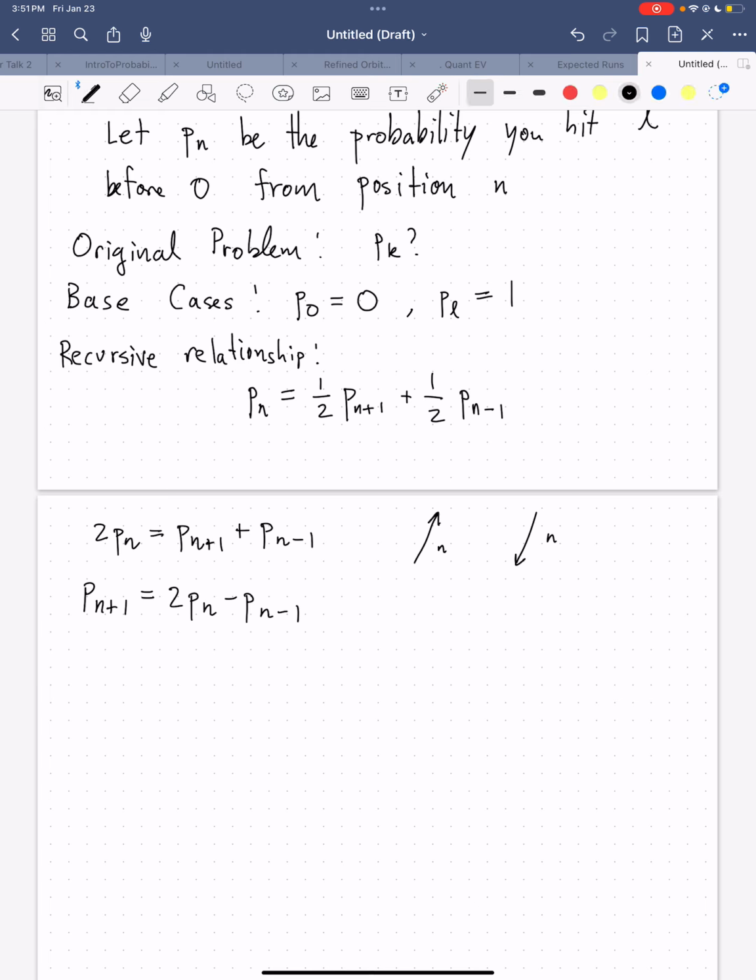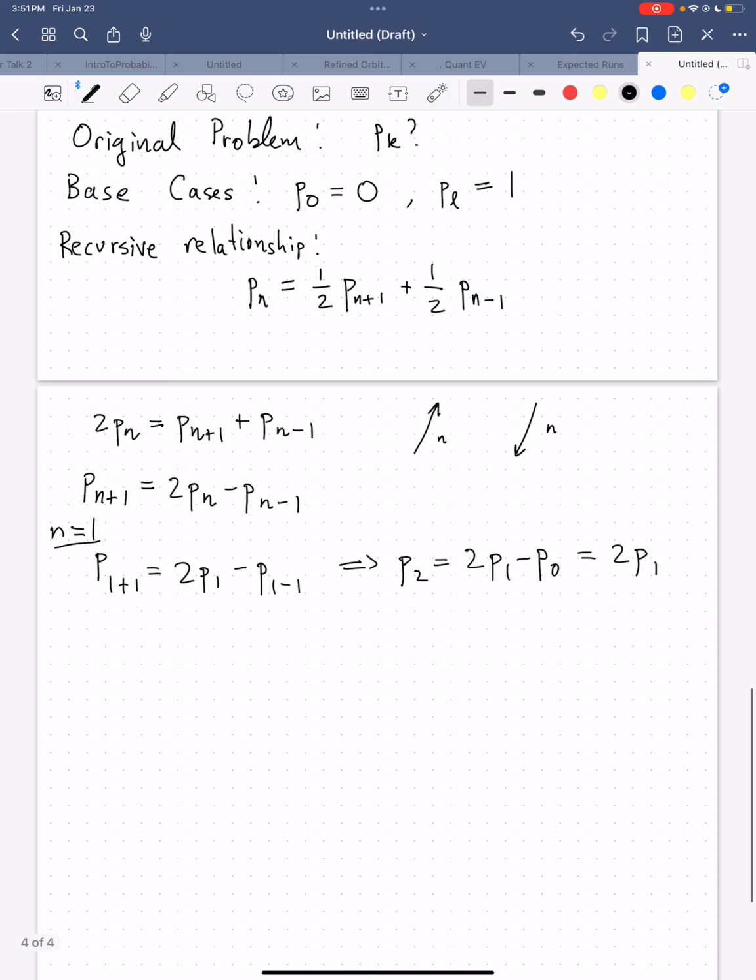And so we have, let's do p1 plus 1 equals 2p1 minus p1 minus 1. So that's the n equals 1 case, which means p2 is 2p1 minus p0, which is 2p1. And so basically we're going to keep going to see if we can find some kind of pattern.